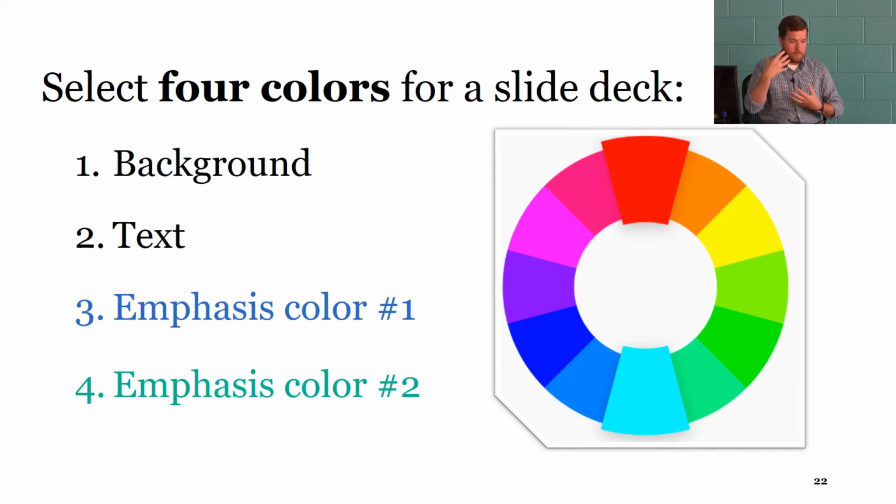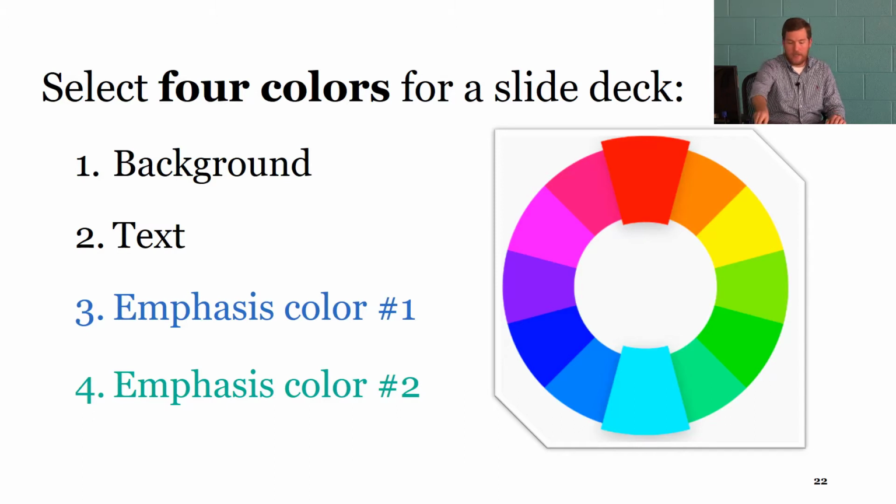Just because it gives you good contrast, the text is always going to stand out from the background, and you're never going to have to worry about anything not being visible. So you've got your background color, your text color, and then two colors of emphasis. Anything more than that gets a little busy for the eyes, and it's harder to keep consistent with that many colors.